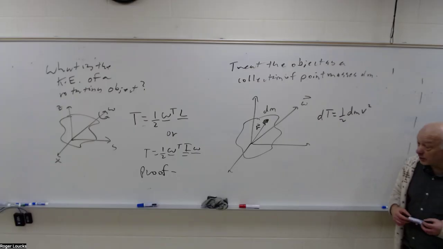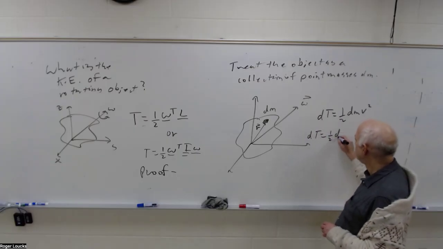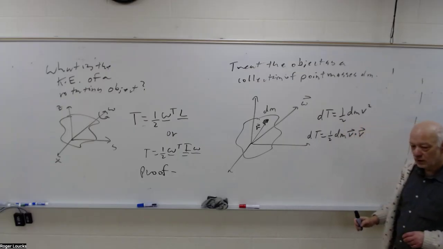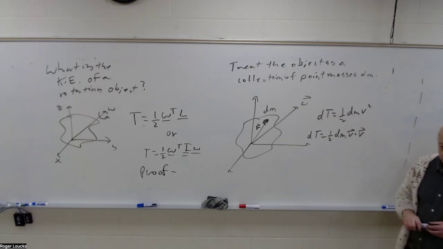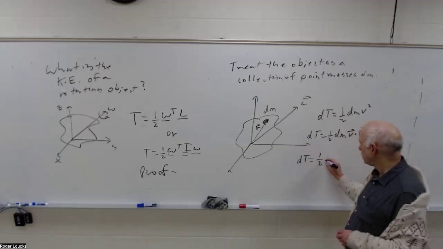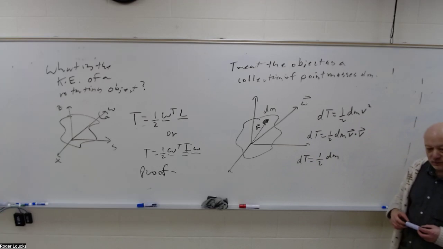It's a dot product, so dT equals 1/2 dm v dot v. Now this is what kind of animal? A scalar. So how can I write a scalar in Einstein's summation notation?